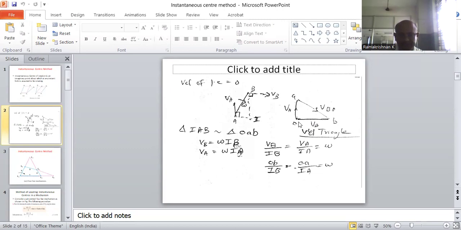Now draw the velocities of A and B. The OB vector represents the velocity of B and the OA vector represents the velocity of A. Then AB is the velocity of B with respect to A. By looking at the diagram, we get two triangles, AIB and AOB. From the two similar triangles, we can get some similarity.